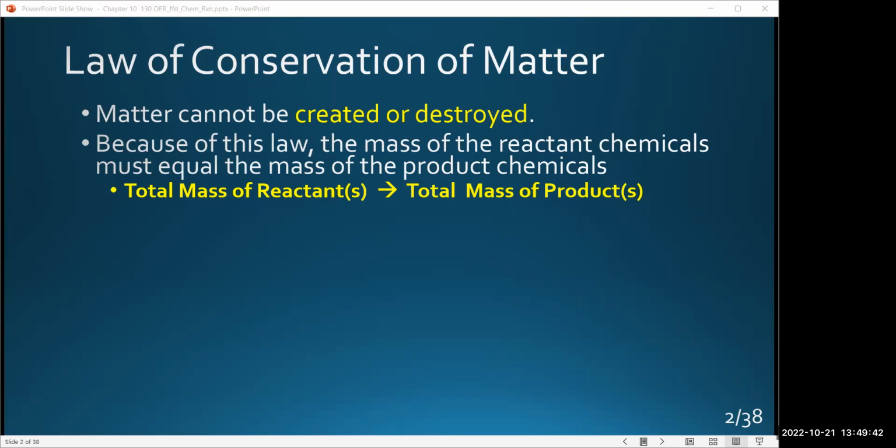If I start off with 10 grams of reactants, whatever they may be, and let the reaction proceed, at the end when I add up everything, I end up with 10 grams of material.